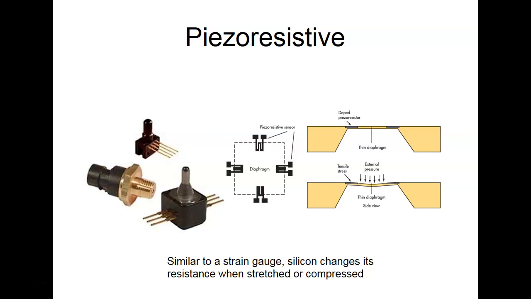It changes the resistance of the silicon strain gauges, and we connect this to a voltage, and it would give us a voltage that's proportional to displacement, which would give us a pressure indication. So these work very similar to the strain gauges that we talked about in our force sensors, right?